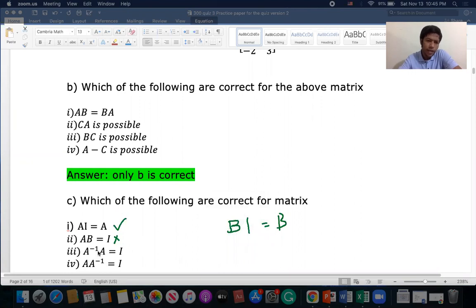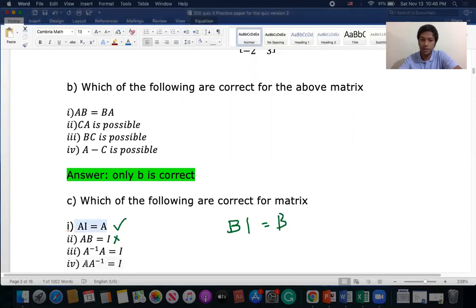Then we have A inverse A equals I, which is correct. That is actually a rule for the identity matrix. If we multiply any matrix with its own inverse, the answer will be the identity matrix. So number 3 and number 4 are essentially the same thing. So they are correct.